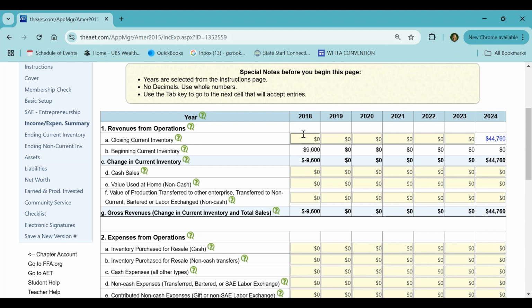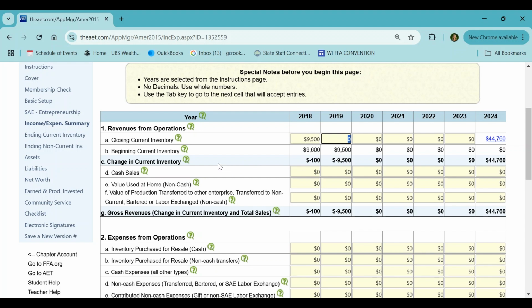So in the example that I had filled in the numbers before that we looked at, this number was $9,500. So if we put that in there as our closing current inventory for 2018, that's what I had when I finished my project on December 31st of 2018.